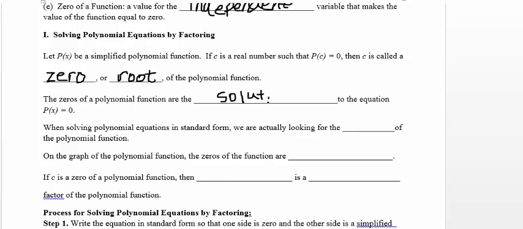The zeros of a polynomial function are the solutions to the equation p of x equals 0. When solving polynomial equations in standard form, we are actually looking for the zeros of the polynomial function. On the graph of the polynomial function, the zeros of the function are x-intercepts.